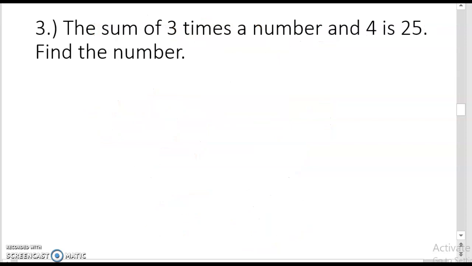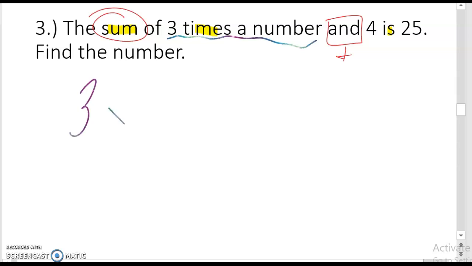The sum of 3 times a number and 4 is 25. Okay, so now we're dealing with sum, times, and is. Those are 3 trigger words. First things first, the word sum means to add. So when I see the word "and," that's where the plus sign is going to come in. So I have 3 times a number, we'll call that 3x. So the sum of this 3x and 4, so let's add 4, is 25.